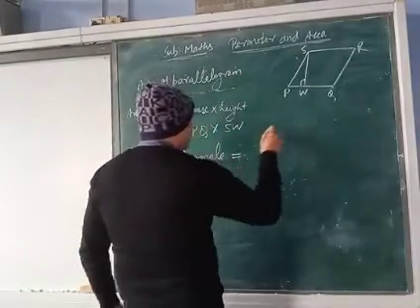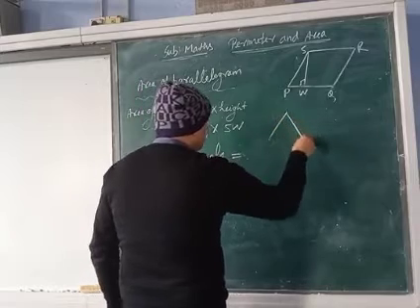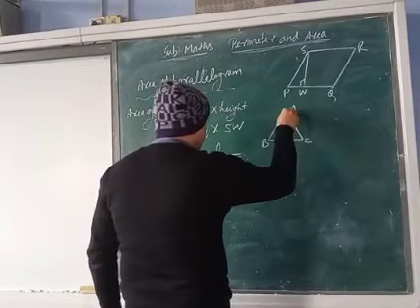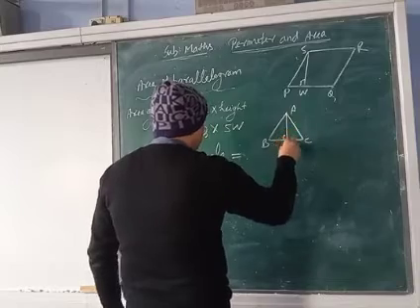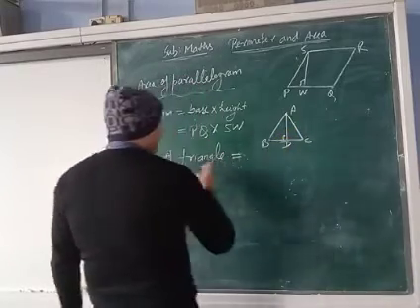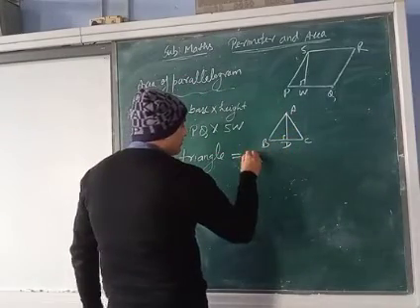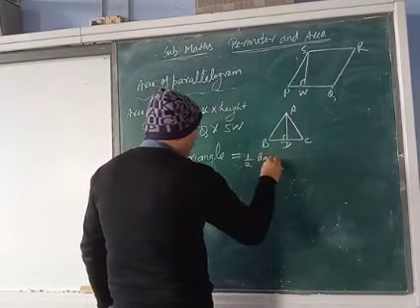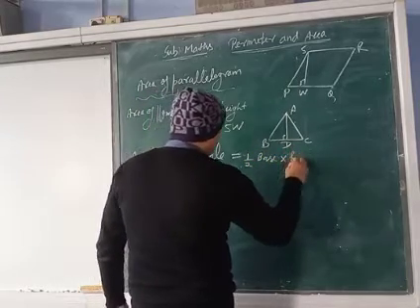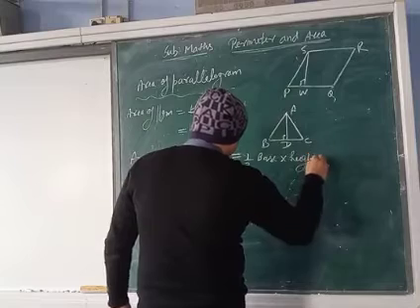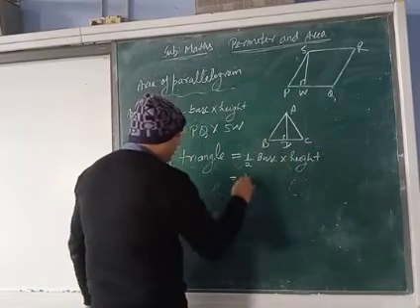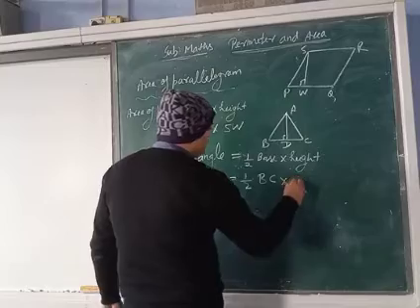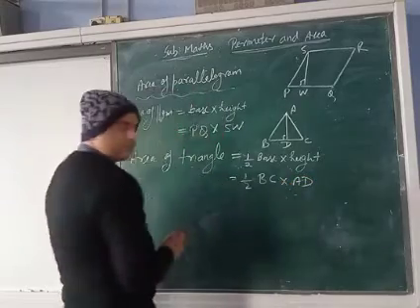Or simply you can see a triangle like this, ABC. Draw the perpendicular. The area of the triangle should be 1 by 2 base into height. So 1 by 2, base is BC, height is AB.